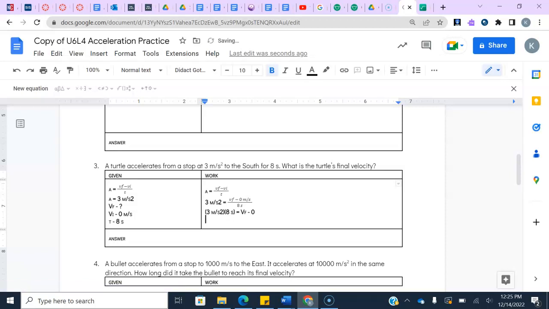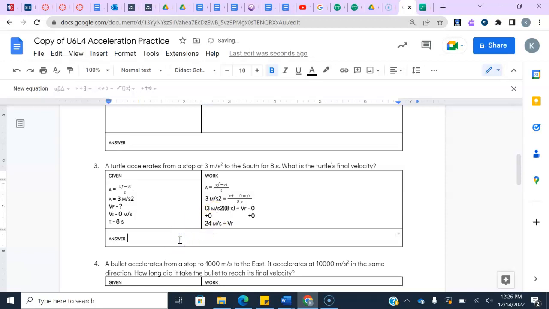Thankfully for us, this is going to be pretty easy. So to solve and get VF by himself, we just want to eliminate that 0, which it's 0, so we don't actually have to do anything, but I'll show you just the proper way to do that. So 8 times 3 is 24. So 24 meters per second, because it is a velocity we're solving for, is equal to VF.